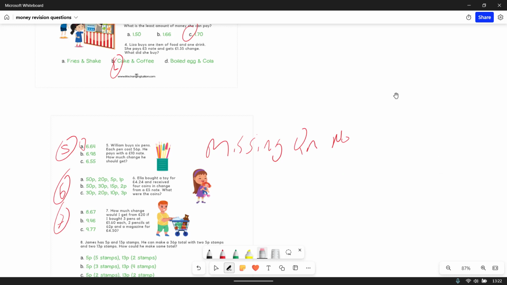Number 6, Ella bought a toy for £4.24, and received 4 coins in change from a £5 note. What were the coins? So do 500 take away 464.